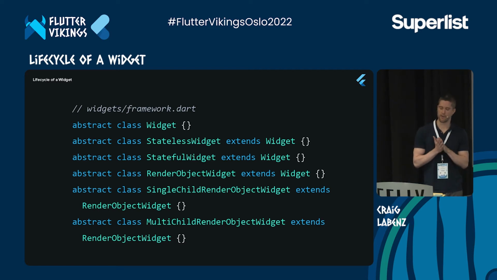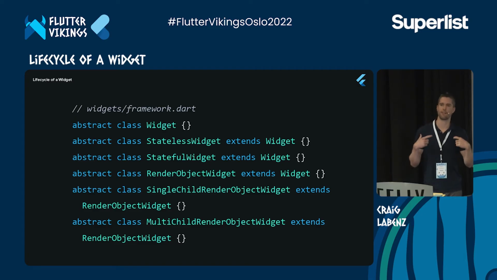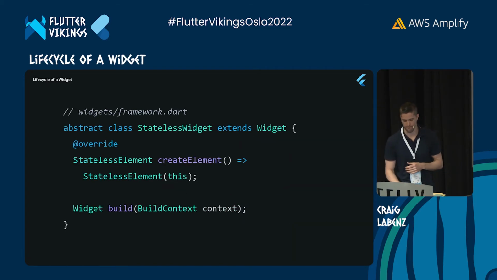But interestingly, we almost never override that method, which suggests that there's a tight relationship between that flavor of widget and the type of element that it returns, and that relationship is not something we as Flutter developers have to rethink or worry about.